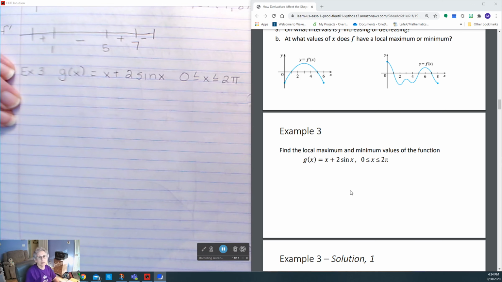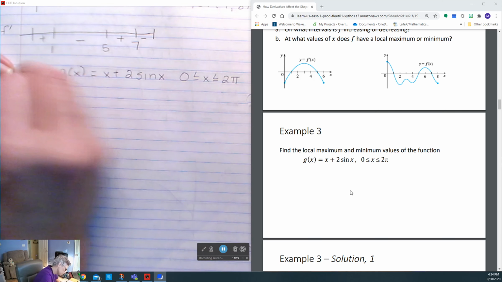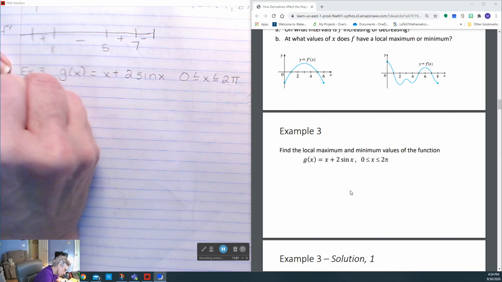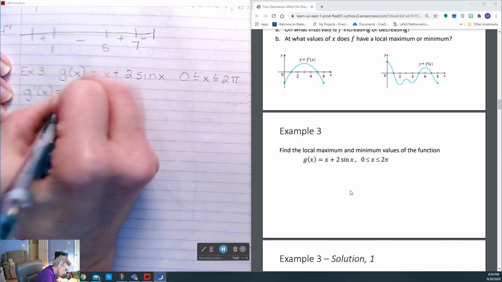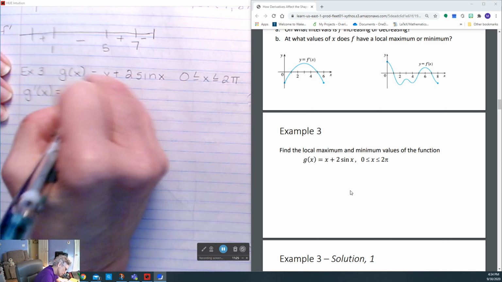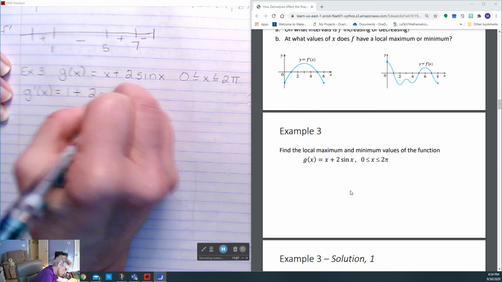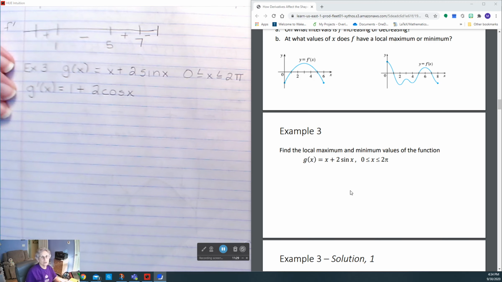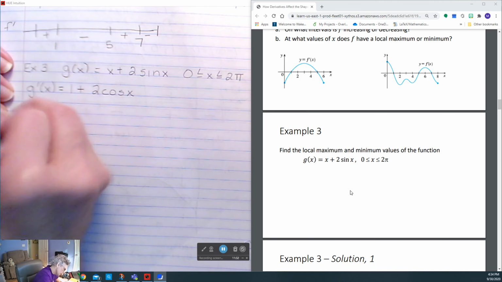So just one cycle of sine. G prime of x would be equal to 1 plus 2 times the cosine of x. I set that thing equal to 0.